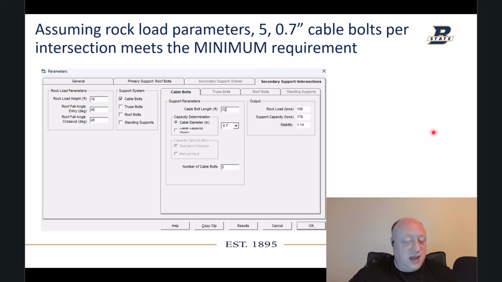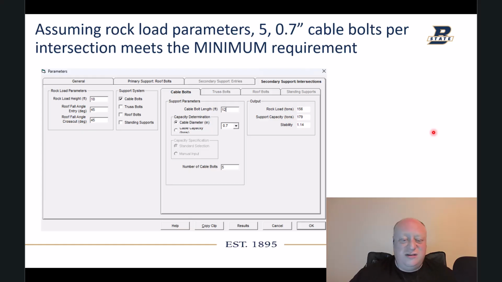0.7 diameter cables. There are both 0.6s and 0.7s. Generally speaking, I highly recommend 0.7s. They're much stronger and just perform so much better than the 0.6s generally do. And when you're considering dead load weight, right?